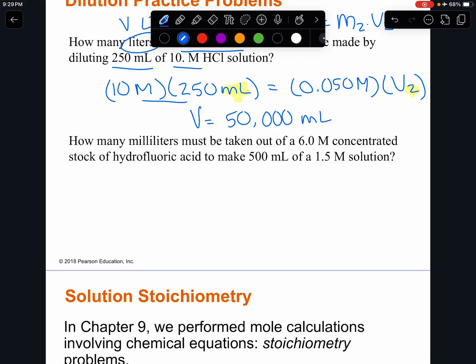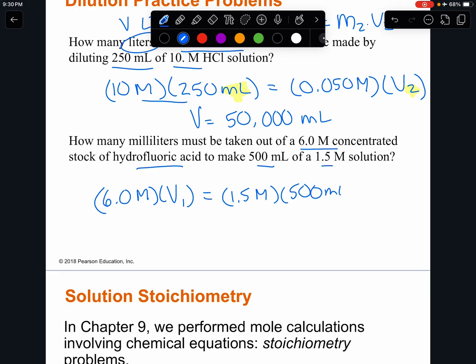How many milliliters must be taken out of a 6 molar concentrated solution of hydrofluoric acid to make 500 of a 1.5? So I'm asking, how much am I taking out of my concentrated? So therefore, I'm going to be finding V1. So again, this has to be in molarity, and these others have to be just the same unit.